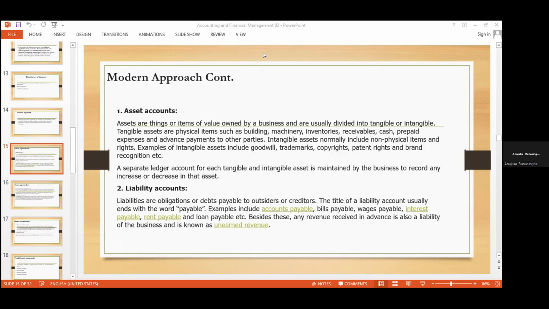All the payable amounts are a liability for the company.